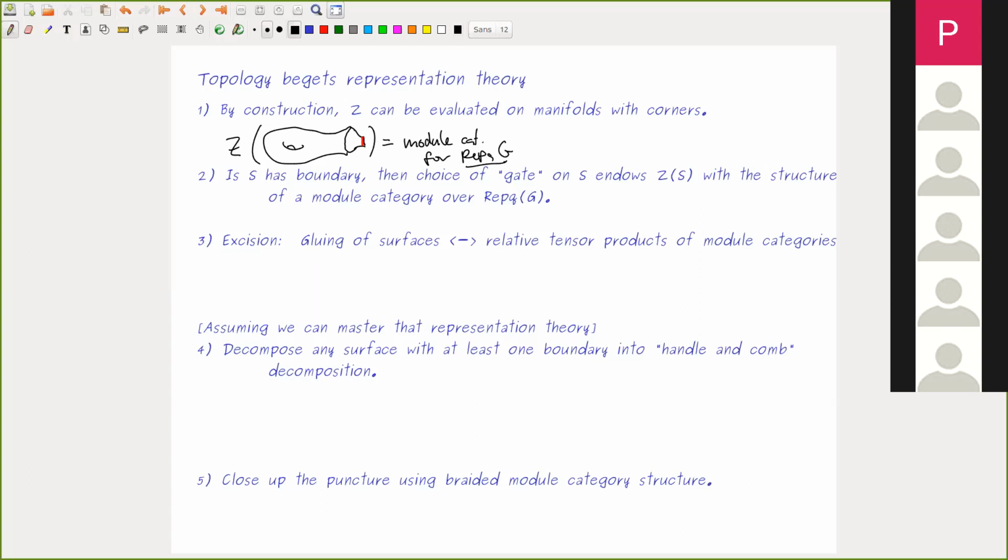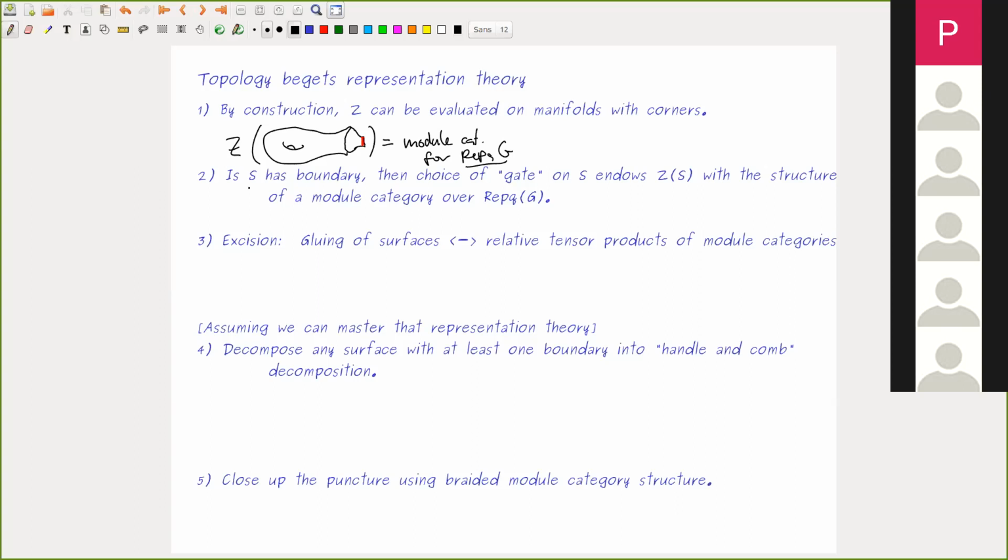So what you should be thinking is, I've sort of categorified, and I'm thinking of rep QG as like a commutative algebra, and the surface is giving me a module over that commutative algebra, and I want to study that.